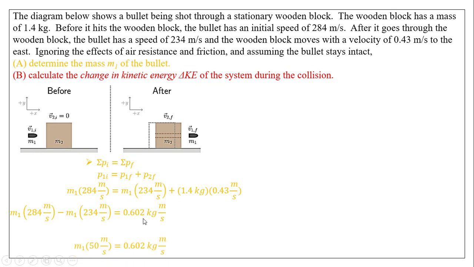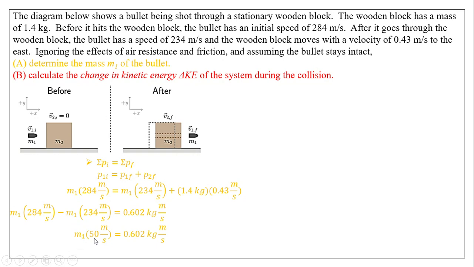To simplify this, I'm going to combine like terms by factoring out M1, because both these terms have an M1. So on the left side it's M1 times 50, because 284 minus 234 gives a difference of 50, and the M1 stays outside the parentheses.